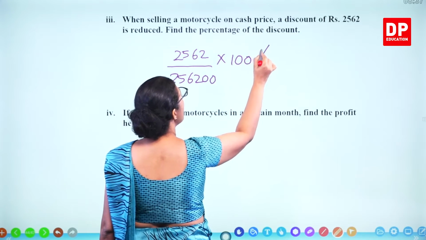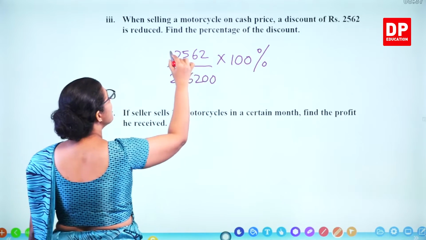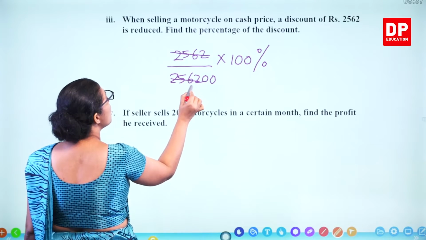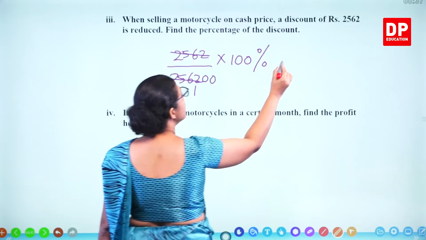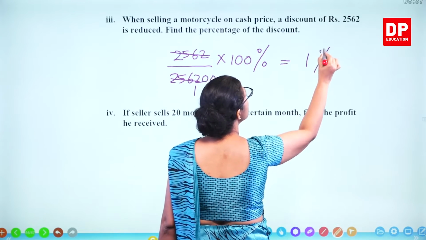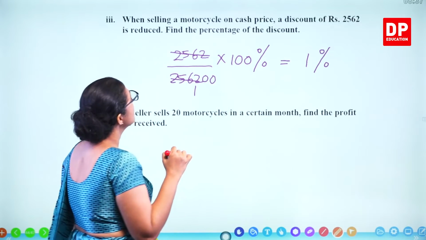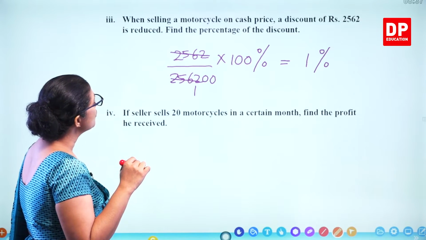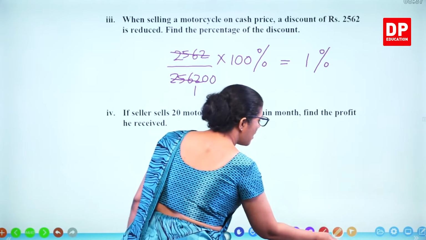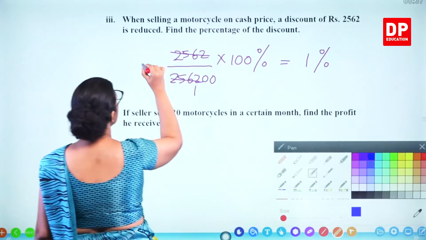You multiply by 100, and 100 divided by 100 becomes 1. You get 1% discount. So you get another 2 marks for this question.